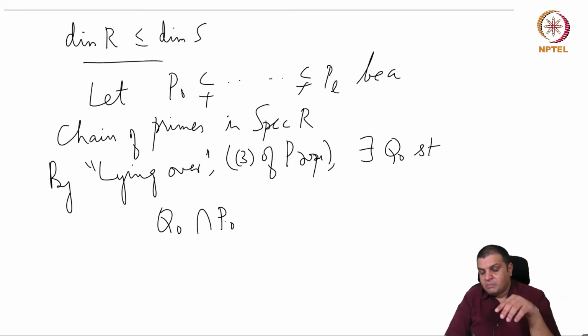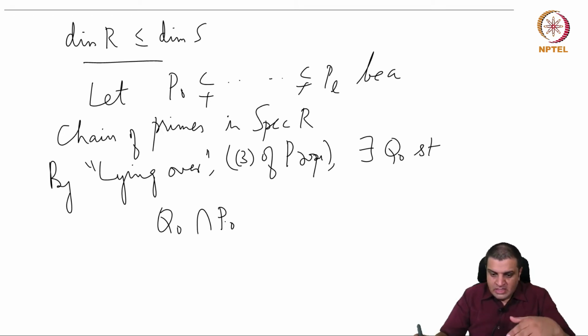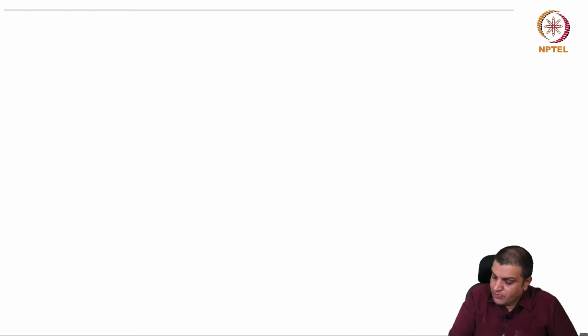So the going up theorem doesn't assert the existence of Q0. It assumes that for every Q0 mapping to P0, there is a chain that begins from Q0. It is lying over which asserts that there is such a Q0.